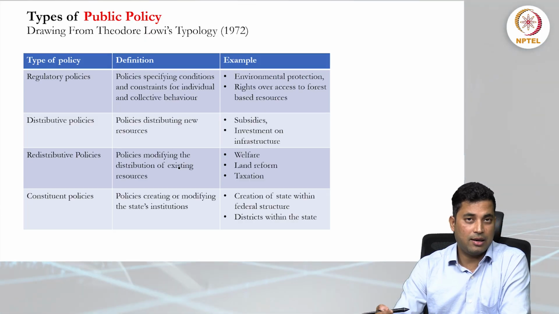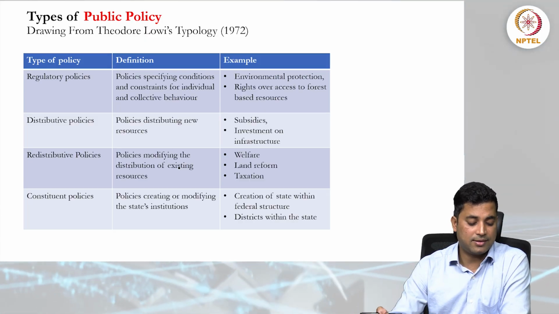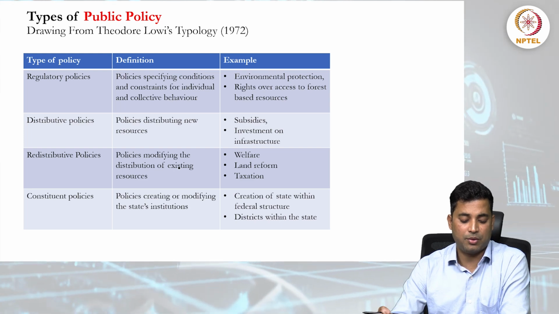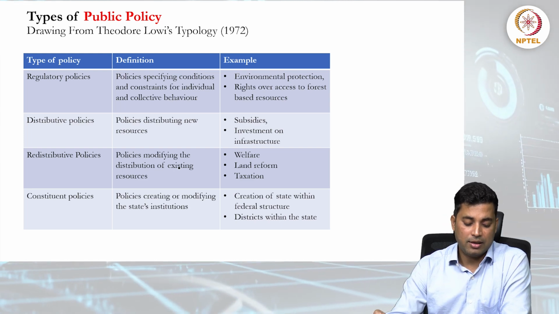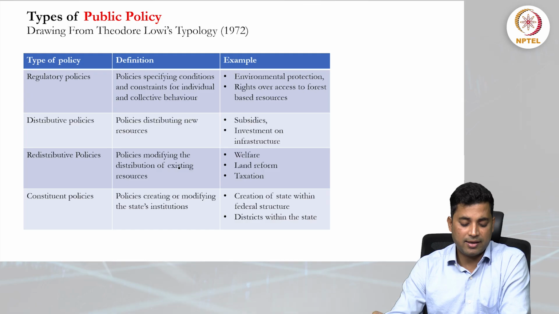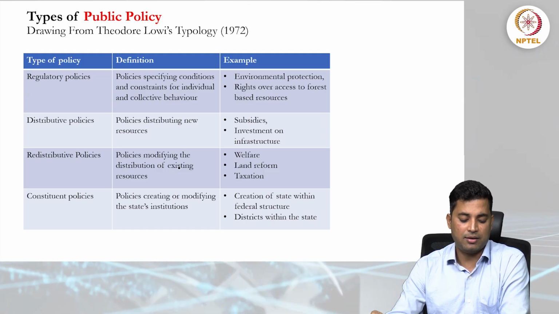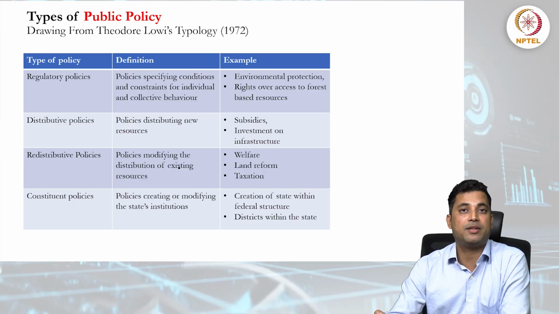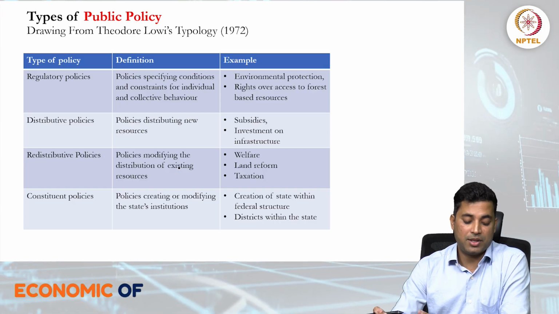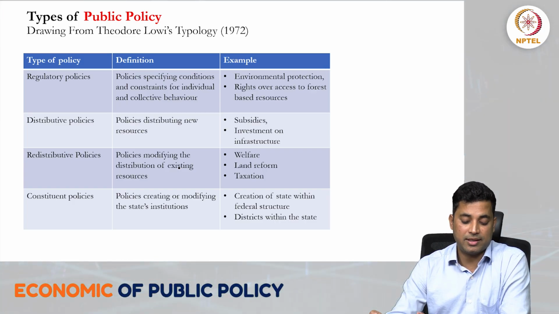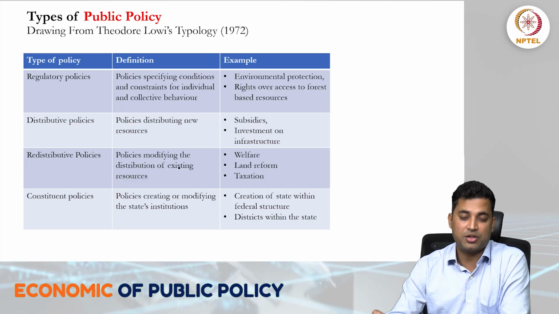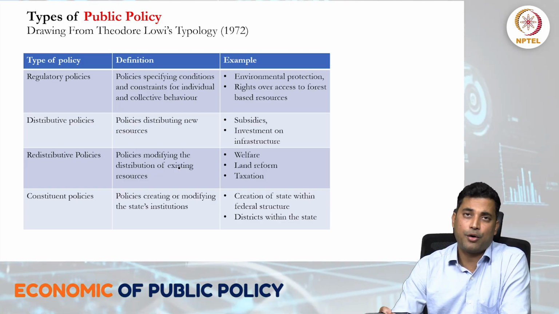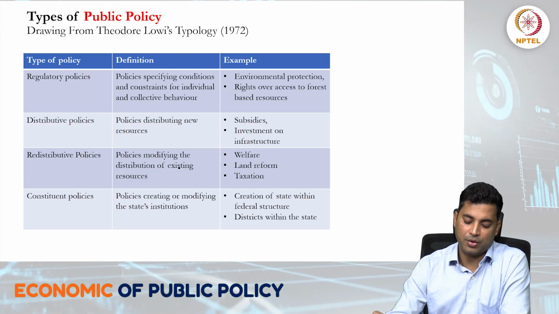So now the last set of policies is constituent policies, which are quite broad in nature, and which involve modifying the state's institutions. So this is related to policies to revamp the institutions or the state itself. An example could be creation of a state within a federal structure, or creation of districts within the state.